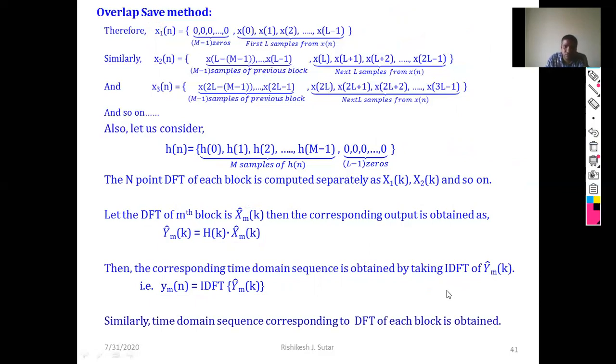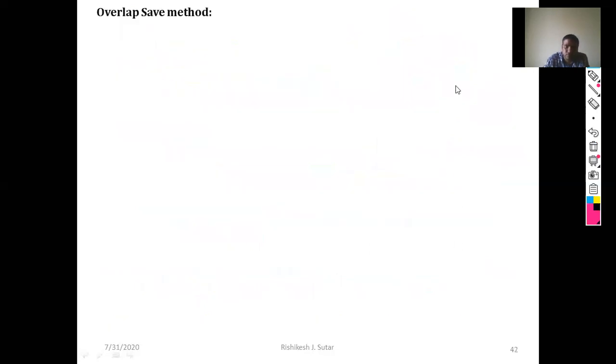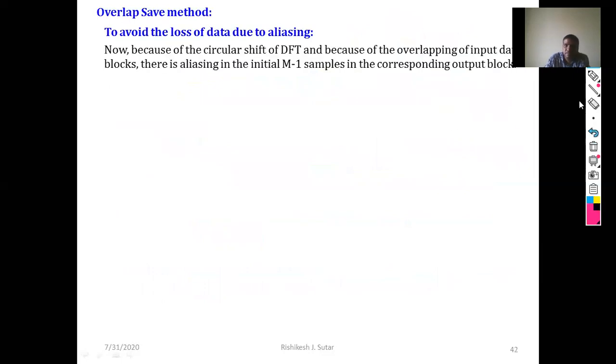So once I have the mth block of x of n, I have to go further. Now I should not lose any information of the original signal.